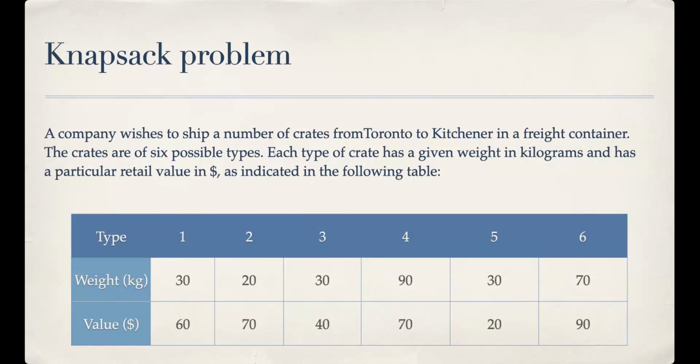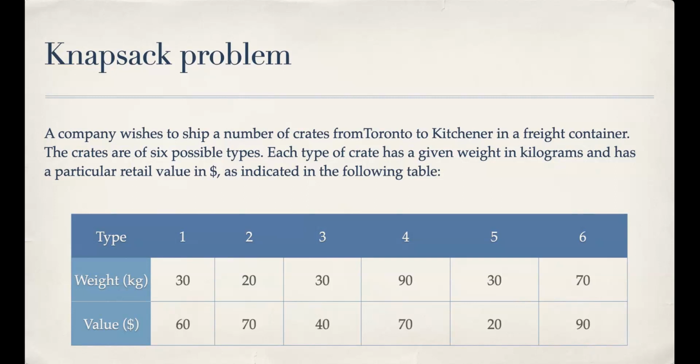Okay, a similar situation. In this problem, a company wishes to ship a number of crates from Toronto to Kitchener in a freight container. The crates are of 6 possible types, and each type of crate has a given weight and a particular retail value. So each type of crate has a different value and also a different weight.